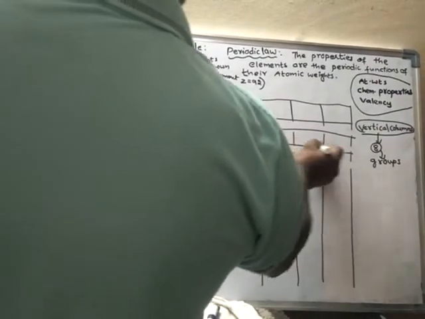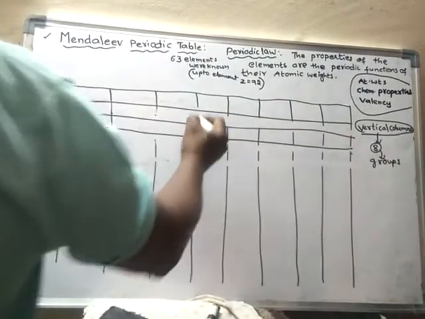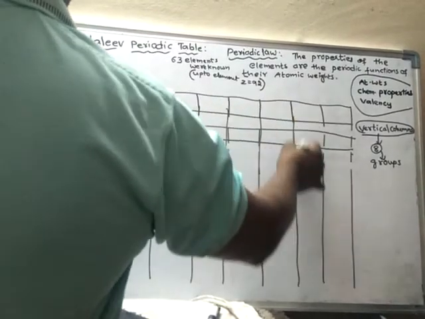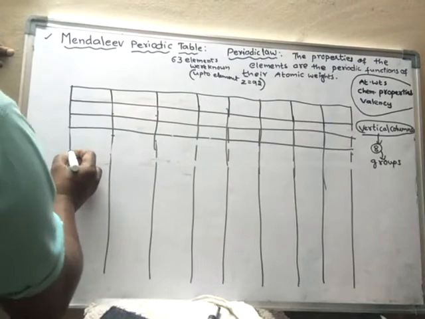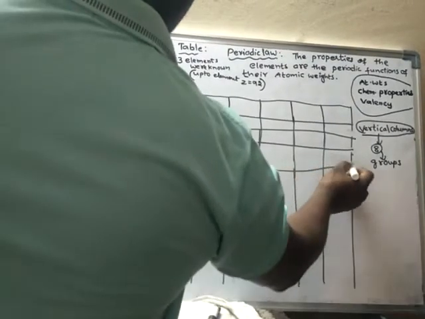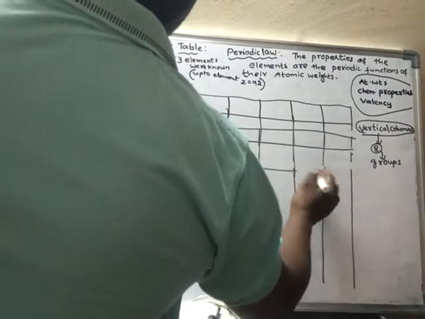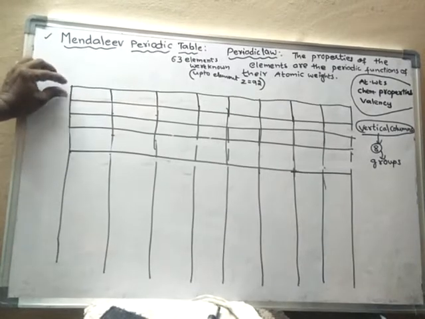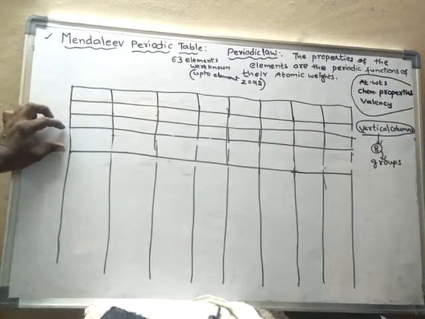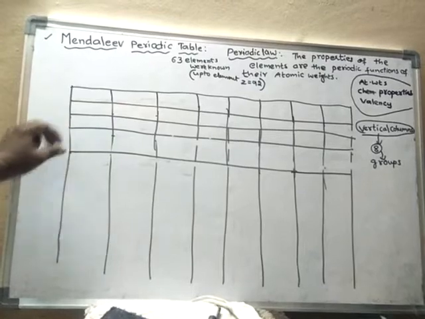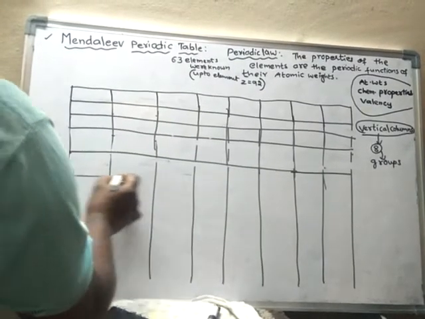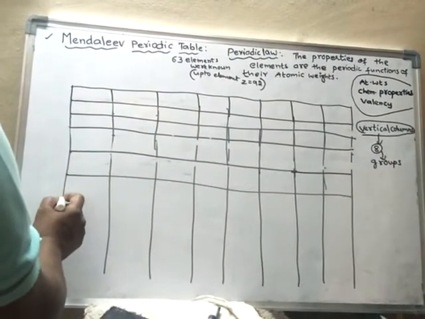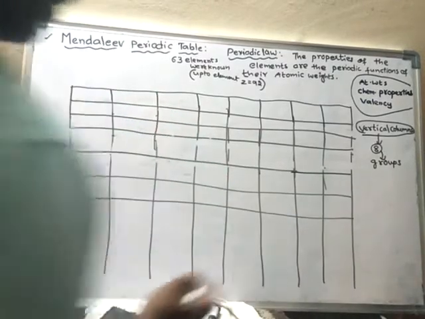The first three rows are drawn with little width. From the fourth onwards, the width is more. Fifth horizontal row, and the sixth.